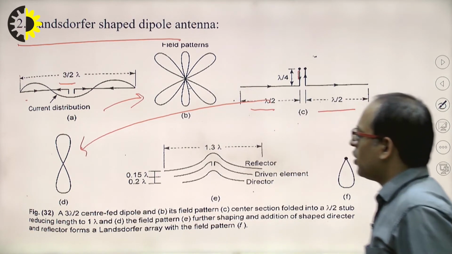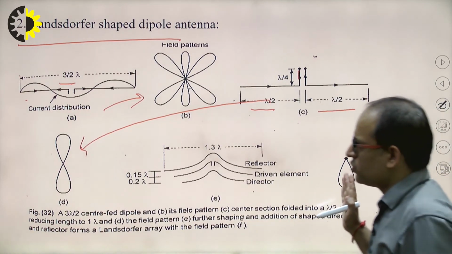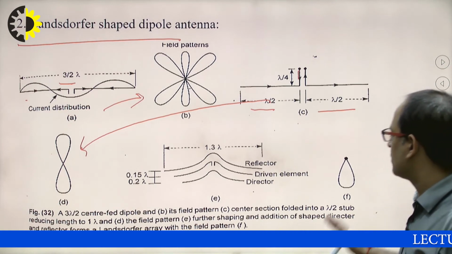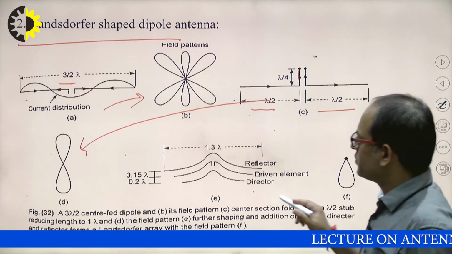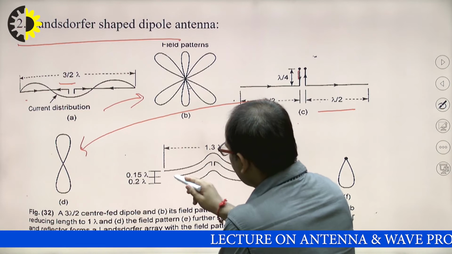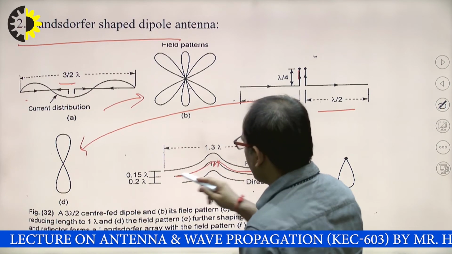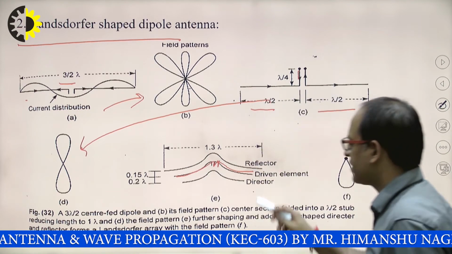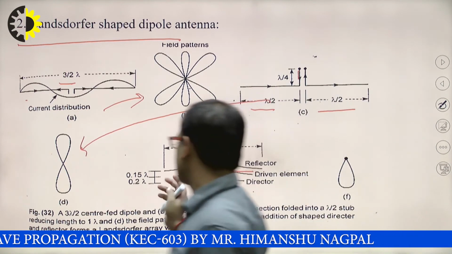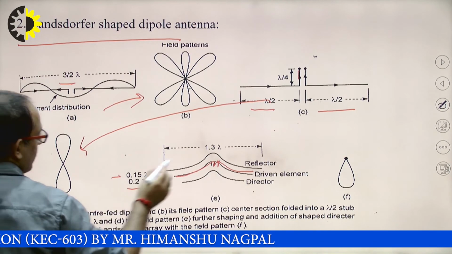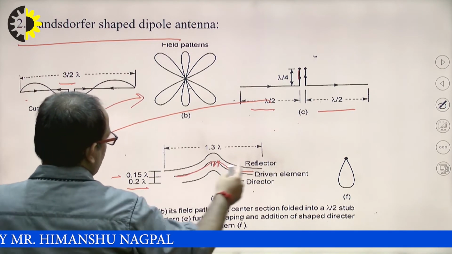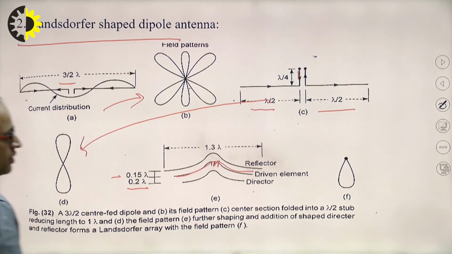Clear? Now to have a unidirectional radiation pattern with no side lobe, this shape is given to the driven element, and similarly for the reflector and the director. Clear? And the spacing design equations are given like this, and the length of the reflector is 1.3 lambda.